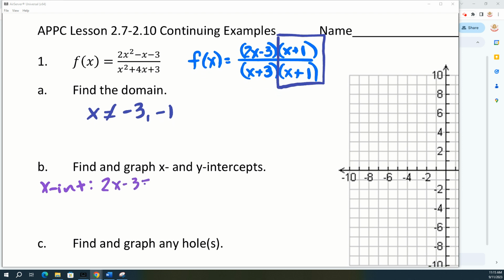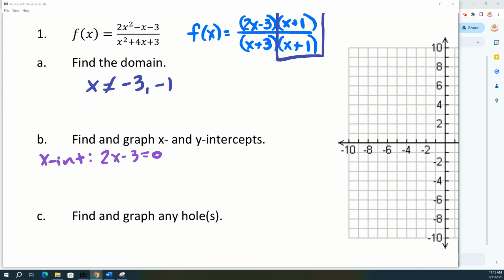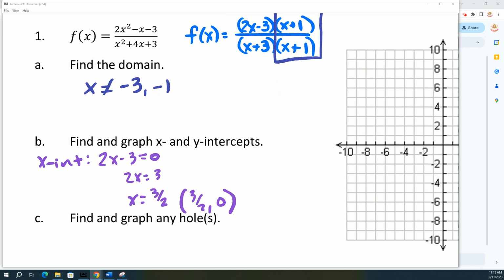You just take that and set it equal to 0 and solve for x. It's not hard to do in your head, though. If there is a coefficient on that x, you still do the opposite and get 3, and you just divide by that coefficient. You probably remember that from Algebra 2.